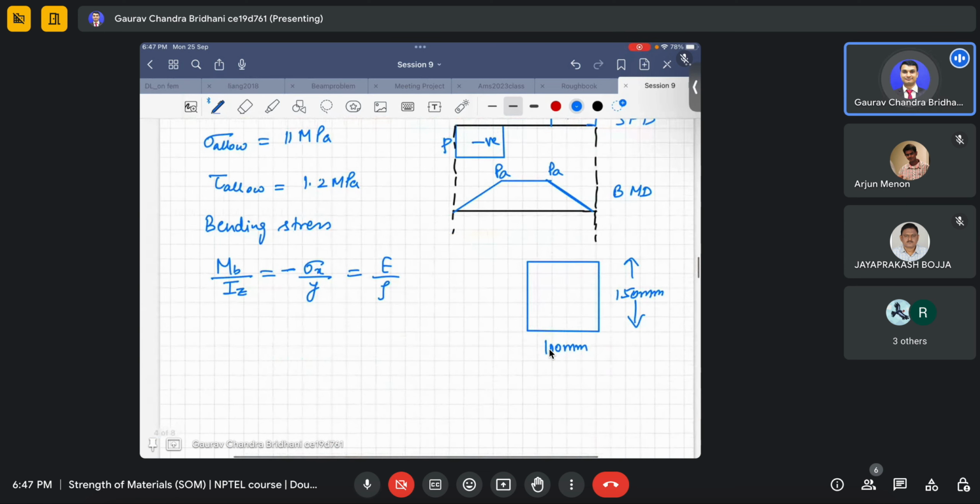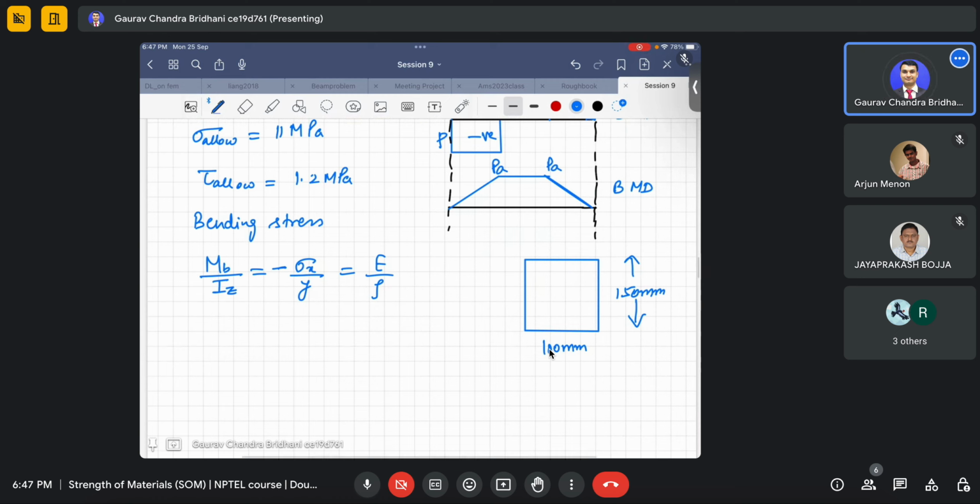You know where the neutral axis lies for a homogeneous cross section, meaning it consists of one material. The neutral axis lies at the mid surface, so it should pass through the centroid itself. Somewhere like this, so this will be your neutral axis.